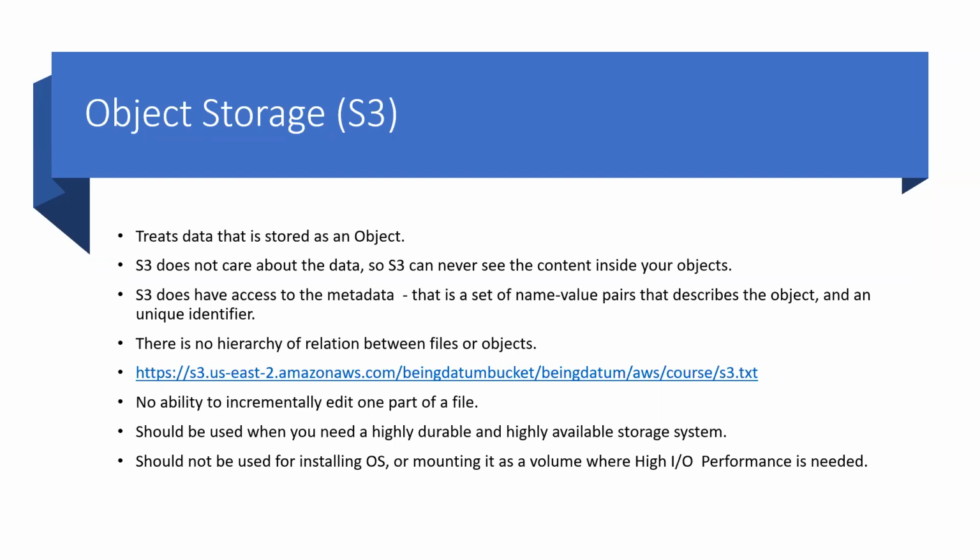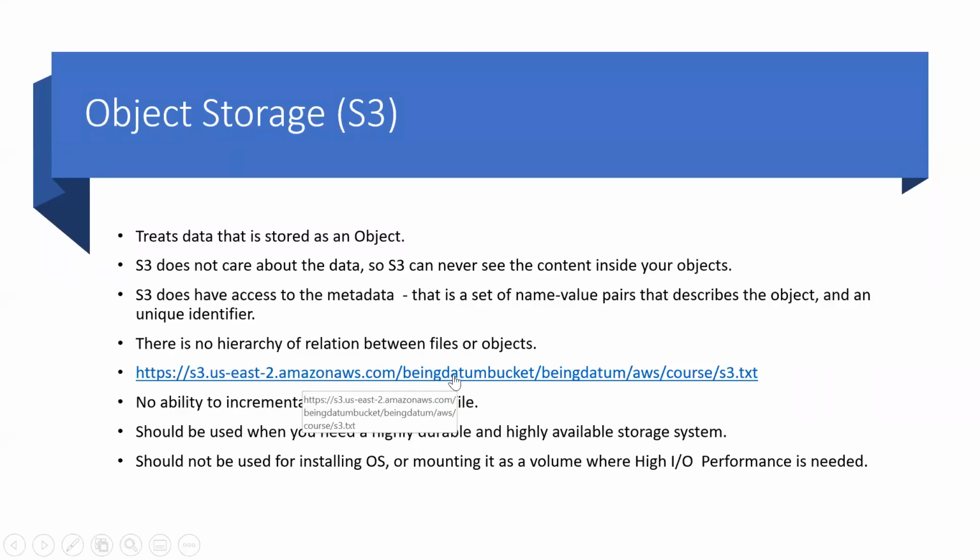As I showed earlier, we might think there is a Windows-like file hierarchy structure, but no, there is no such relation between the files and objects which are stored. It's considered a completely flat structure.